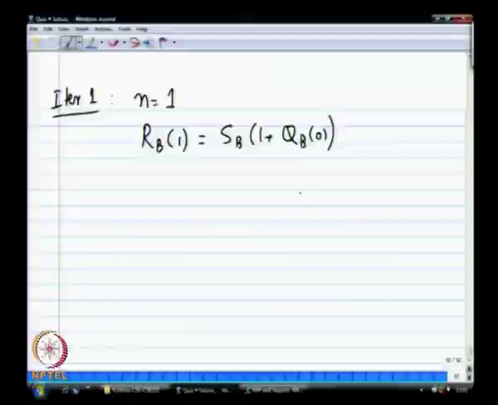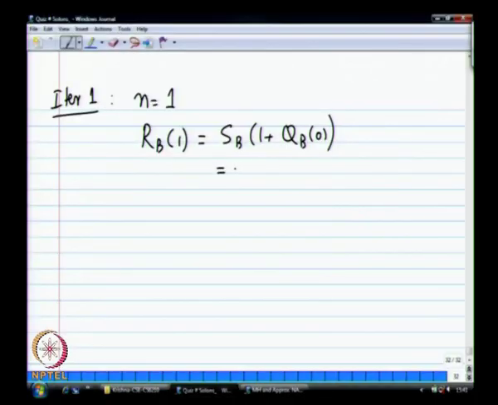In the algorithm we did not have this parenthesis of 0 and so on, but this is what it is. So this is 0.26 into 1 plus 0, therefore this is 0.26 again. And R FEC of 1, remember this is summation going from 1 to n, which in this case happens to be 1.